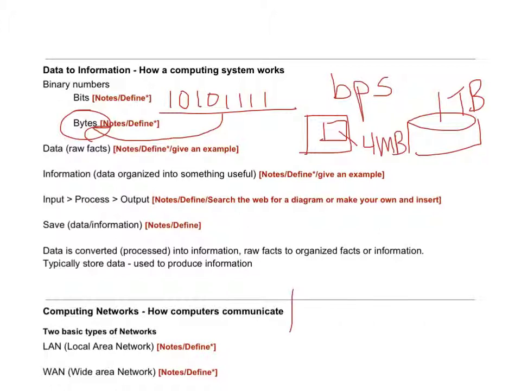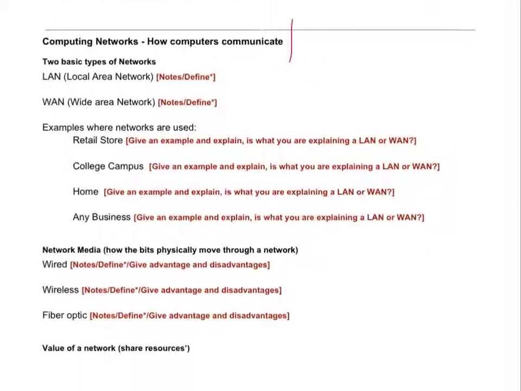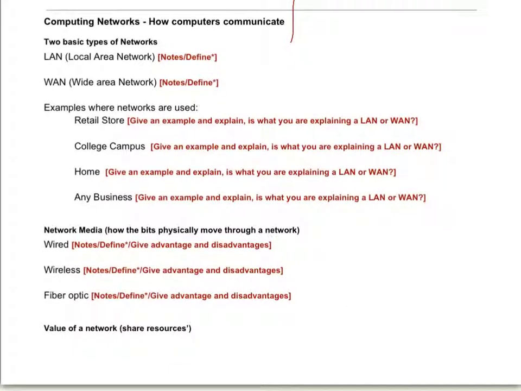We talked about computer networks and the value of networks, whether you're working in a local area network or a wide area network, whether it's through wire or in the air or using light through fiber optics.